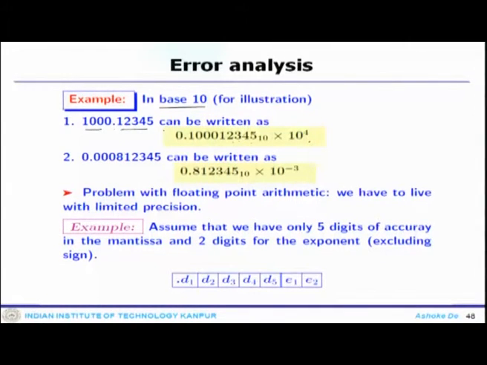Okay. Now, similarly 0.000812345 can be written as 0.812345 base 10 to the power minus 3. Okay.